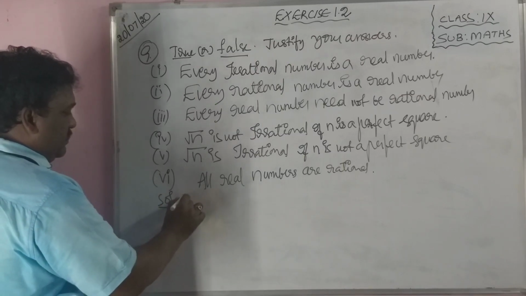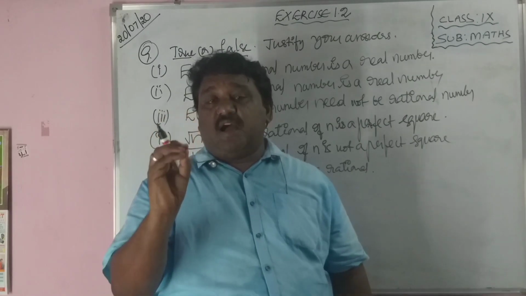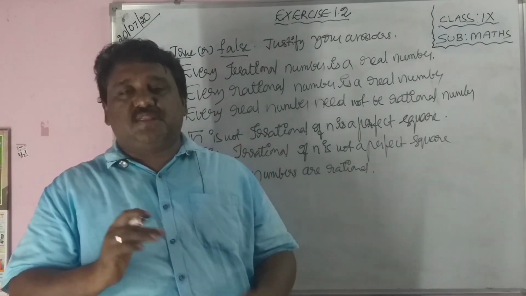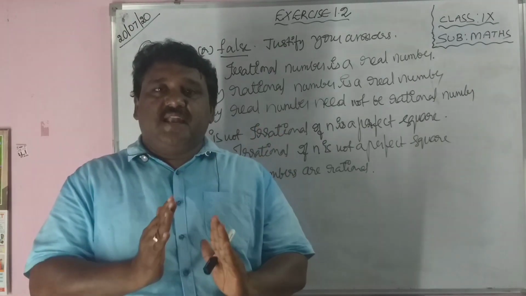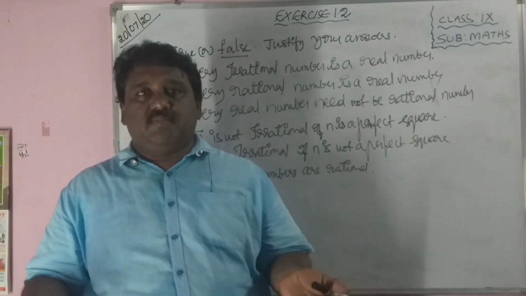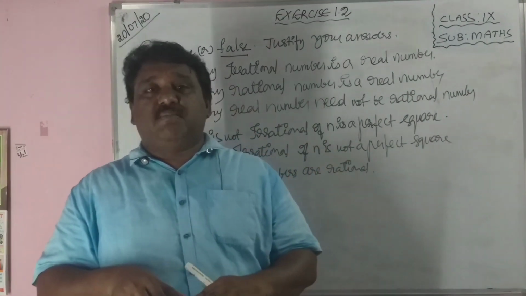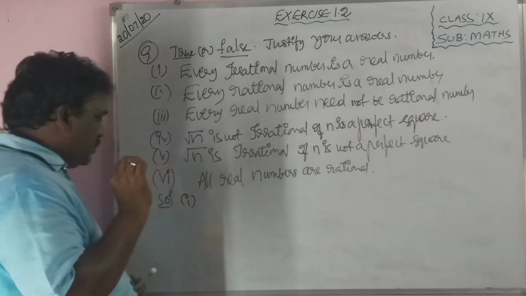Solution. First one. Remember one thing. Real numbers is the combination of rational numbers and irrational numbers. That means real numbers contain not only rational numbers, irrational numbers also. So, you have to know that.